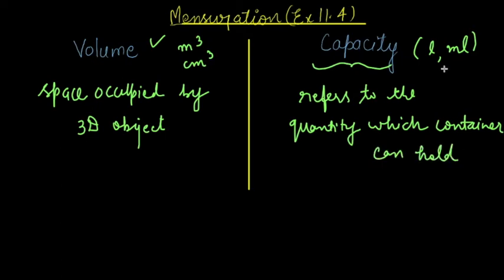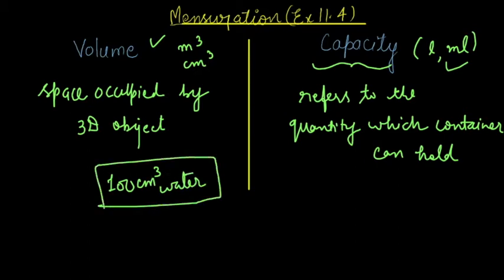This is measured in liters and milliliters. Now if a water tin holds, say, 100 centimeter cube of water, this is the volume a water tin can hold, but since it is holding something, it means we are talking about the capacity.